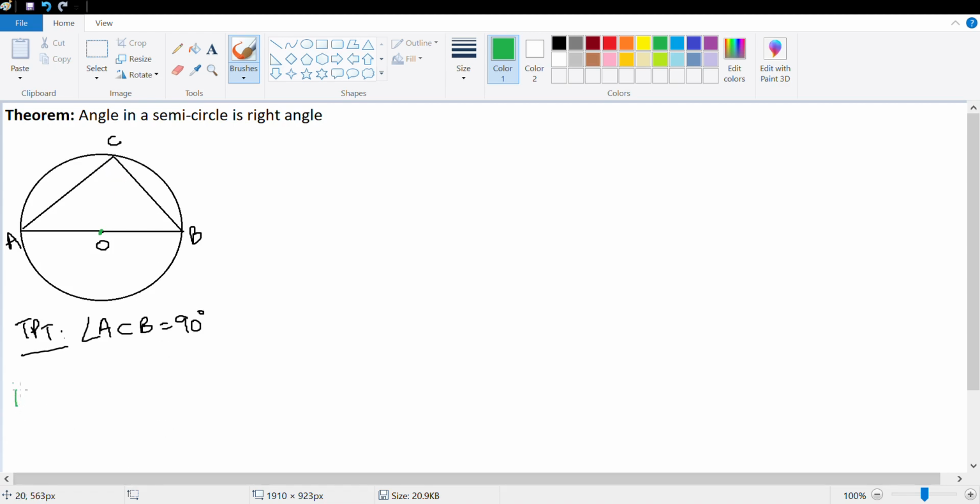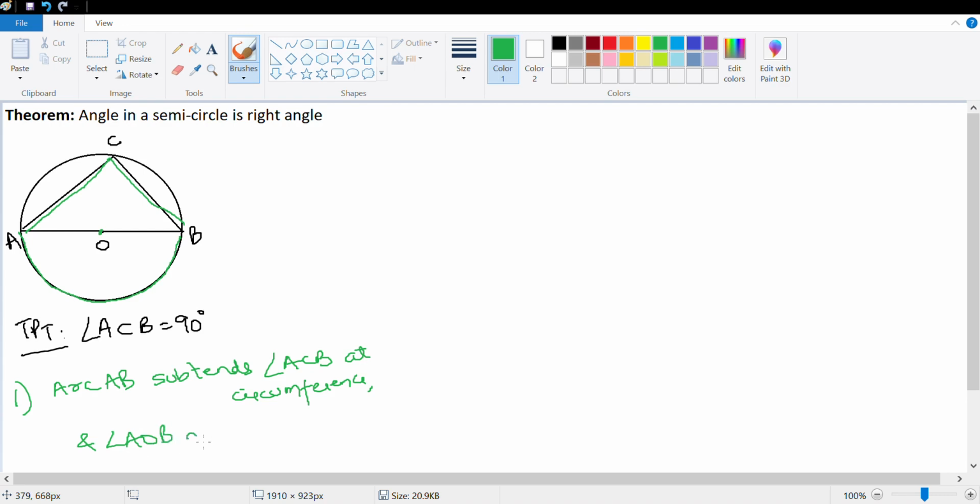We already know that this arc AB subtends an angle ACB at some part of the circumference, so arc AB subtends angle ACB at circumference, and it also subtends angle AOB at center.